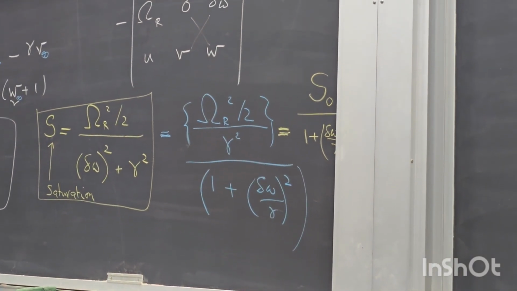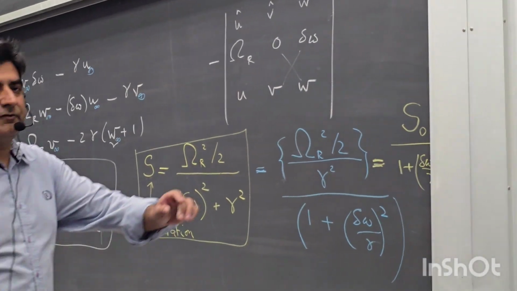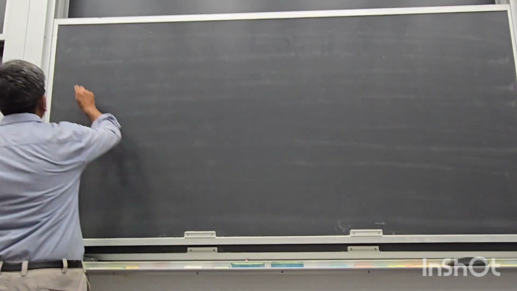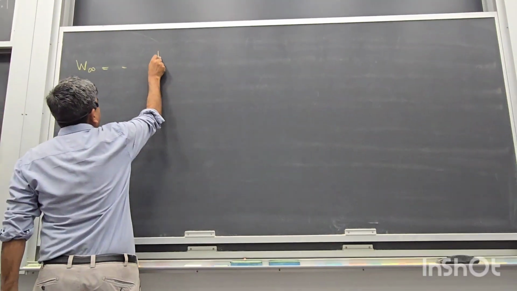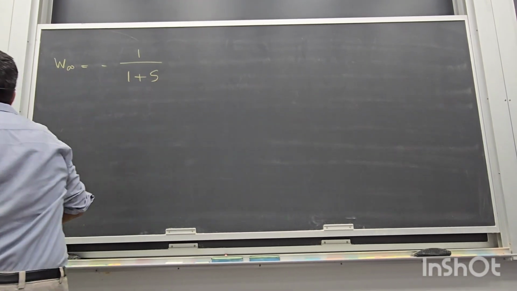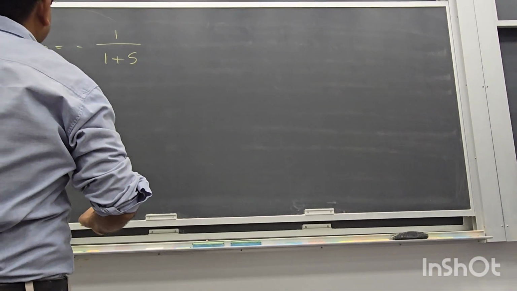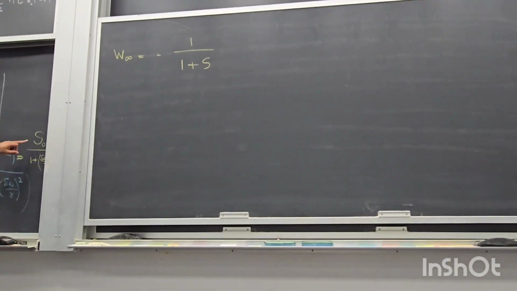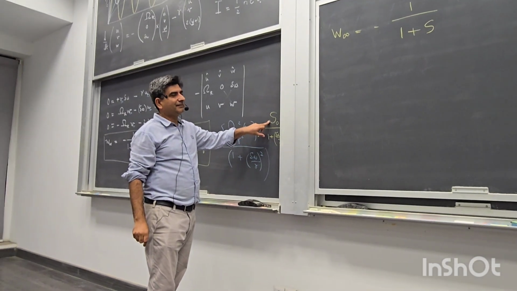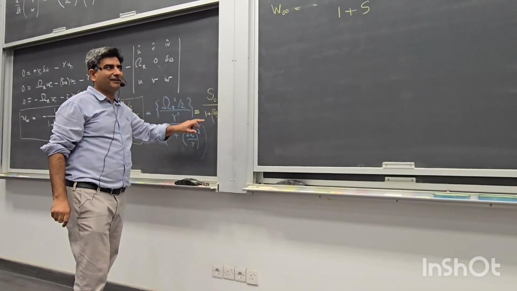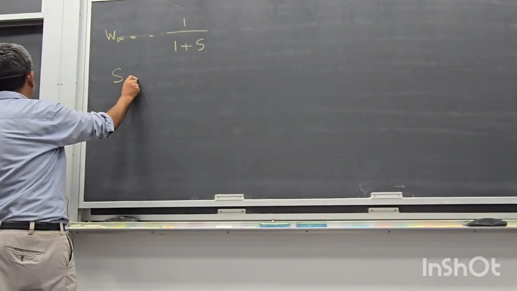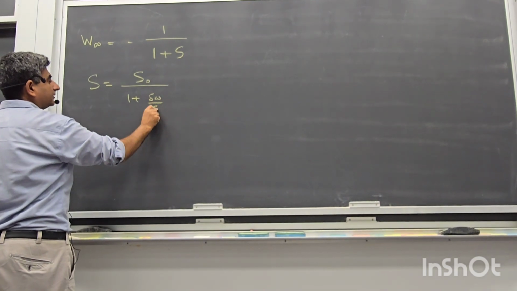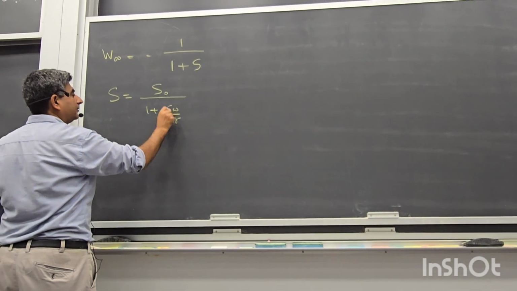So this is S. So W infinity, the steady state W, is minus 1 plus S. But S is given by this as well. So we write S as S naught over 1 plus delta omega over gamma whole square.